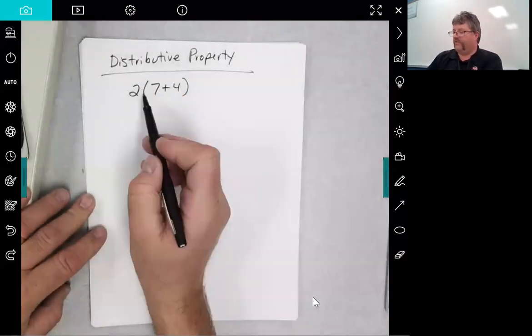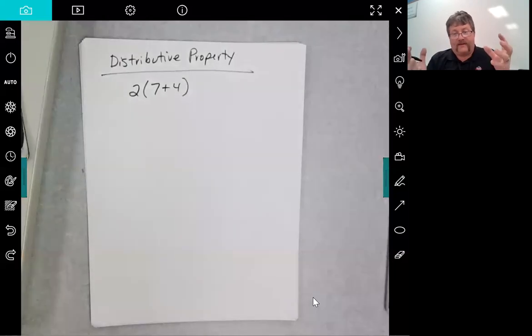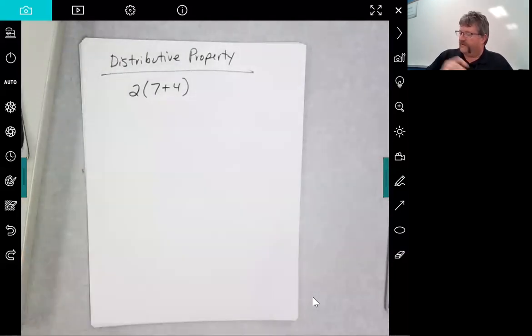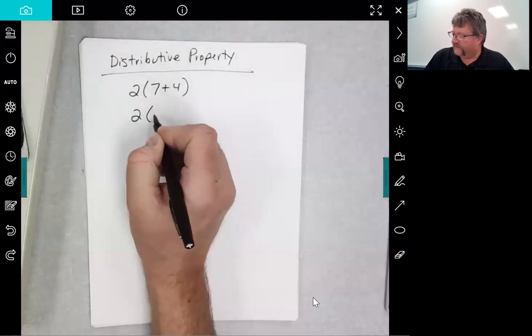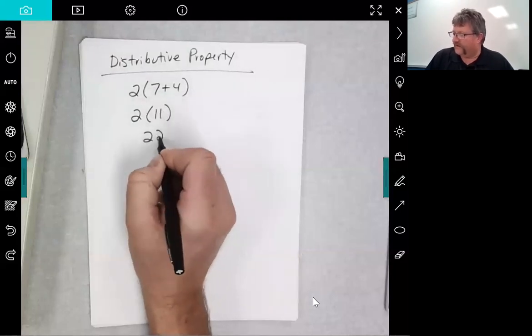So this is really 2 times this quantity in parentheses, 7 plus 4. Well, order of operations, which we haven't talked about, says you're supposed to do what's in the parentheses first. So we put the 7 plus 4 as 11 first, which gives me 2 times 11, which gives me 22.